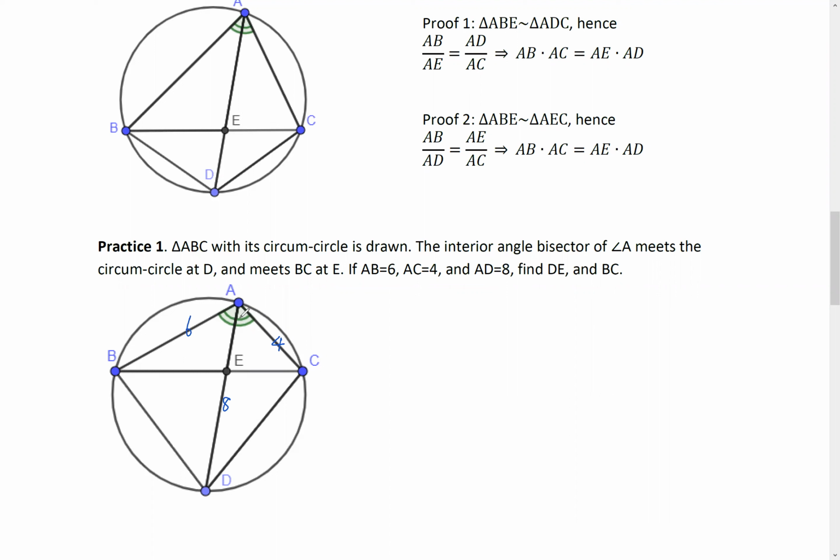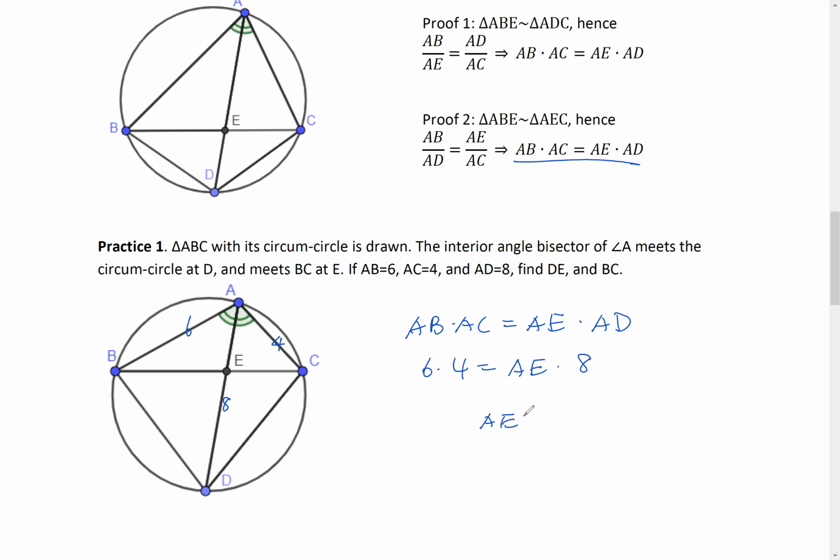Now, how do we solve this? Let's apply our little formula. AB times AC equals AE times AD. So this is 6 times 4 equals AE, which I don't know, times AD, which I know is 8.